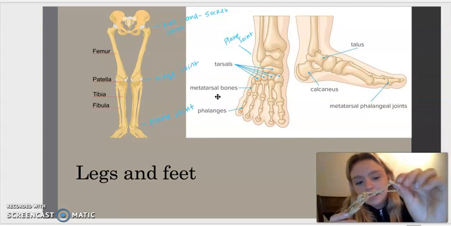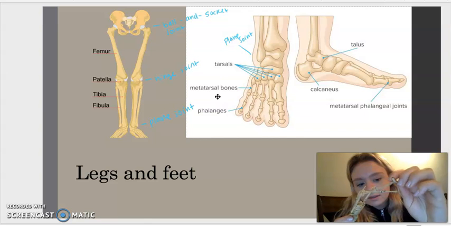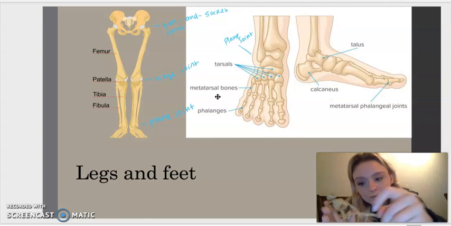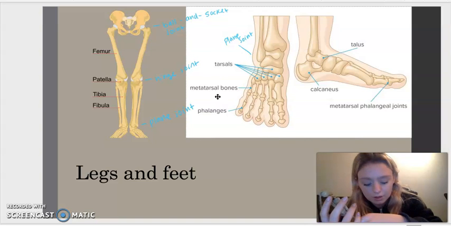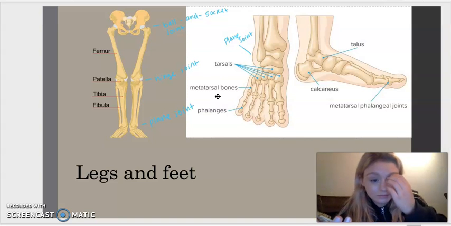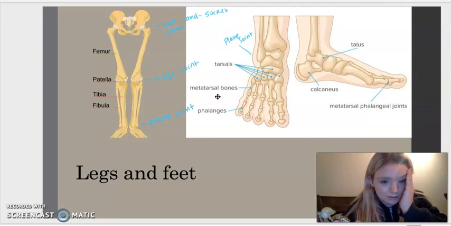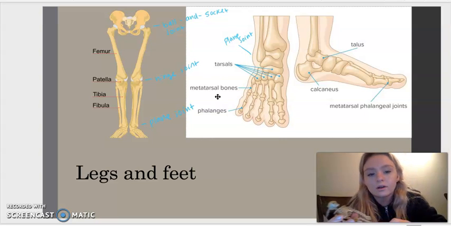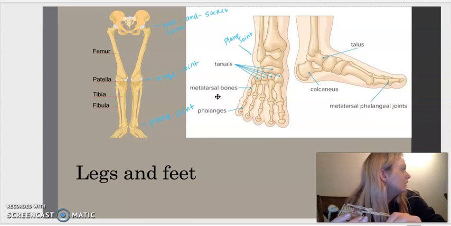I don't know what to say about that because this is what it's supposed to look like, but it's not definitive like it is in pictures or what it actually looks like. So yeah, I would say a no on the description of the feet. The plane joint right here is not necessarily accurate because you can't move the foot.